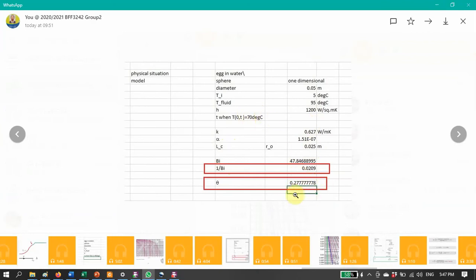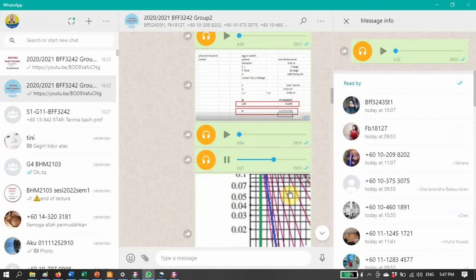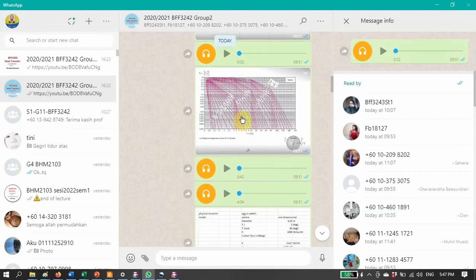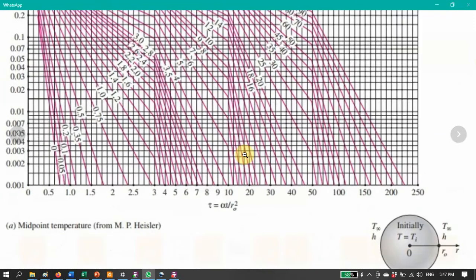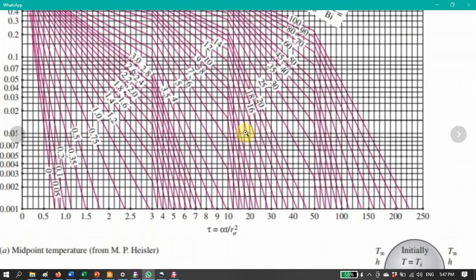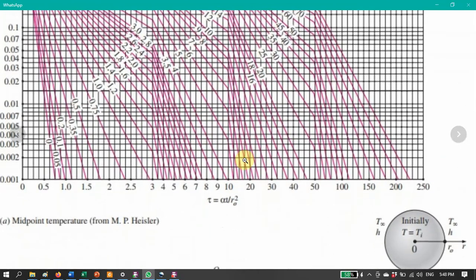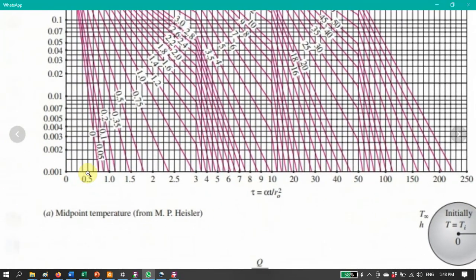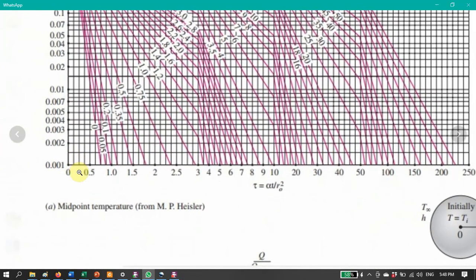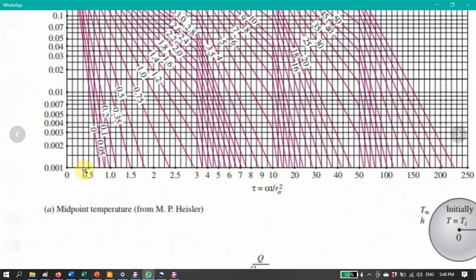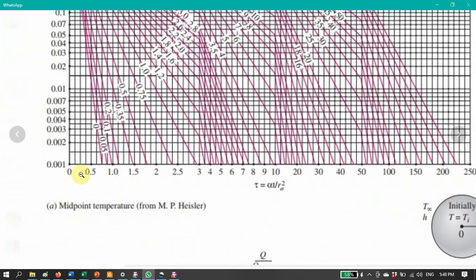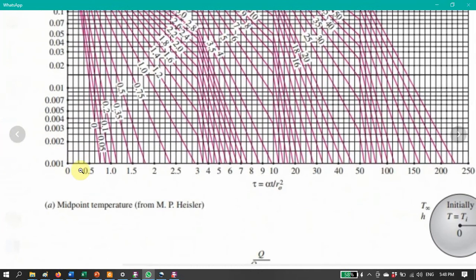If you look at the Heisler chart for 0.27, we have 0.2, 0.25, which is not labeled, and then 0.3. So the closest will be 0.25.